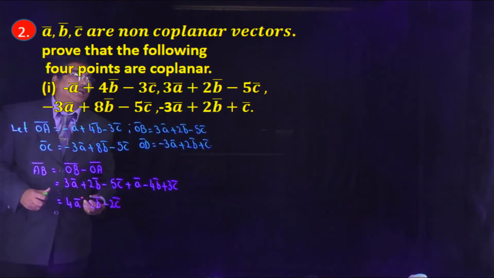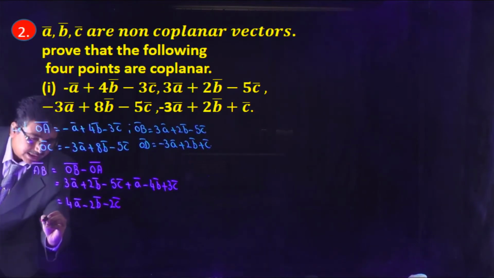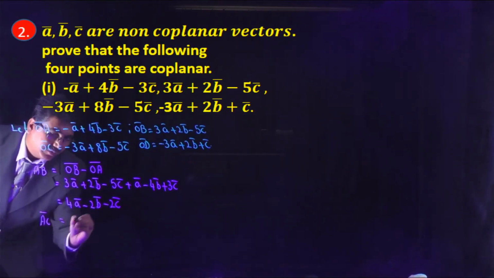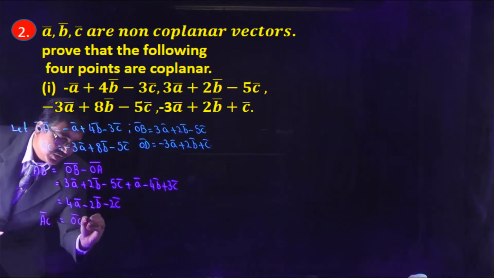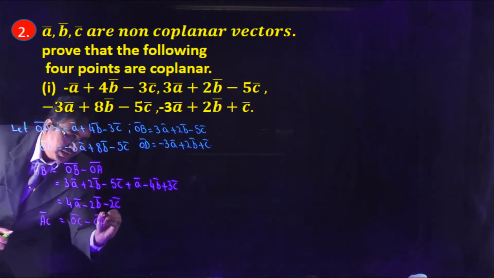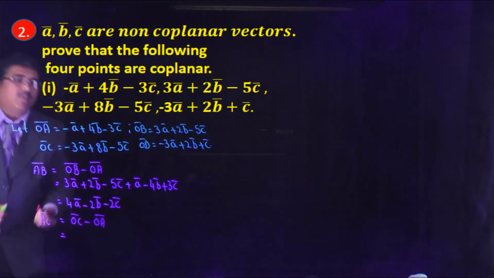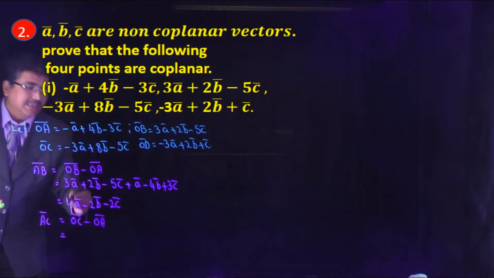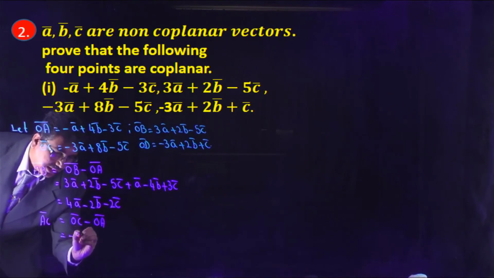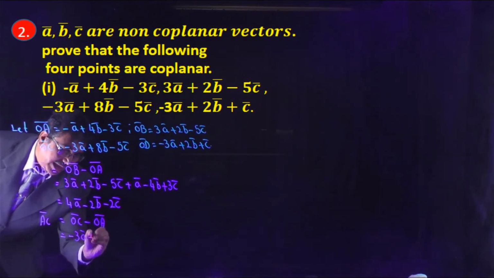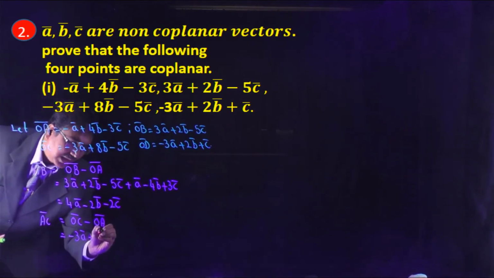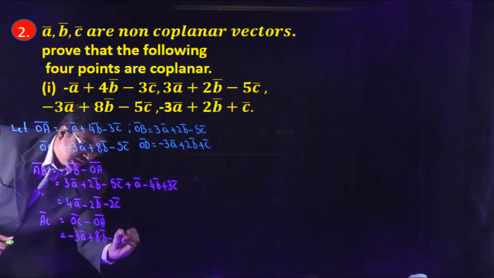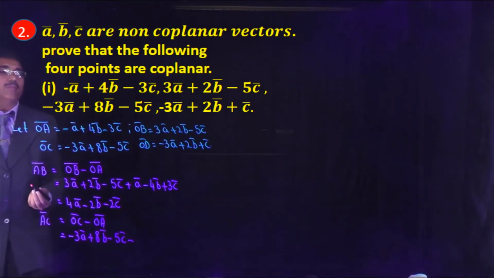Now AC bar is equal to position vector of C minus position vector of A. Right, what is OC bar? OC bar is equal to minus 3A bar plus 8B bar minus 5C bar minus OA bar.